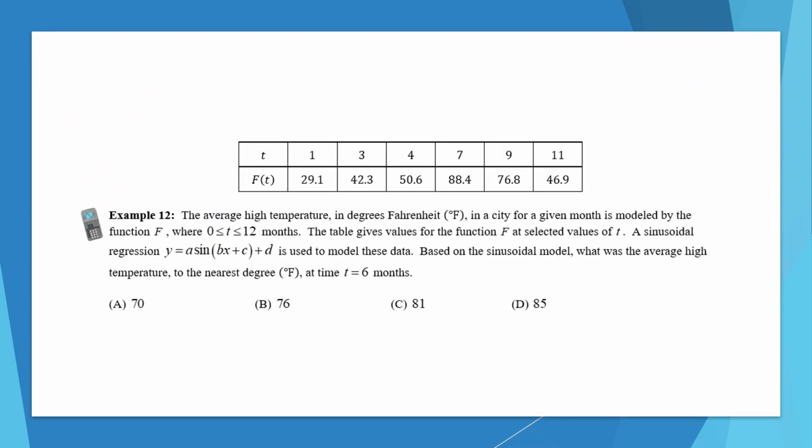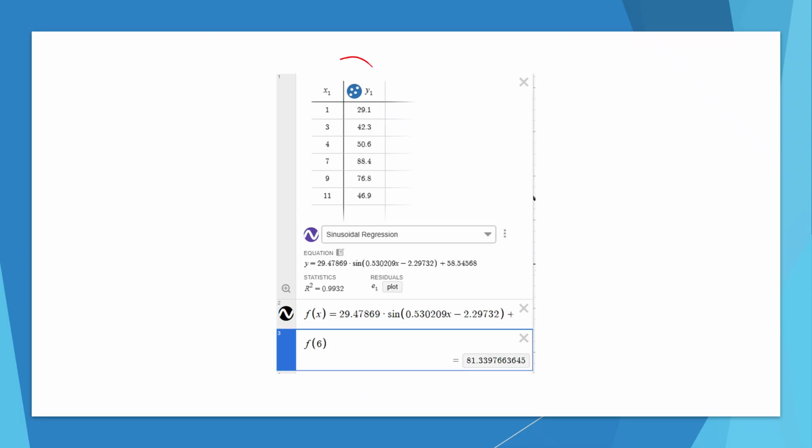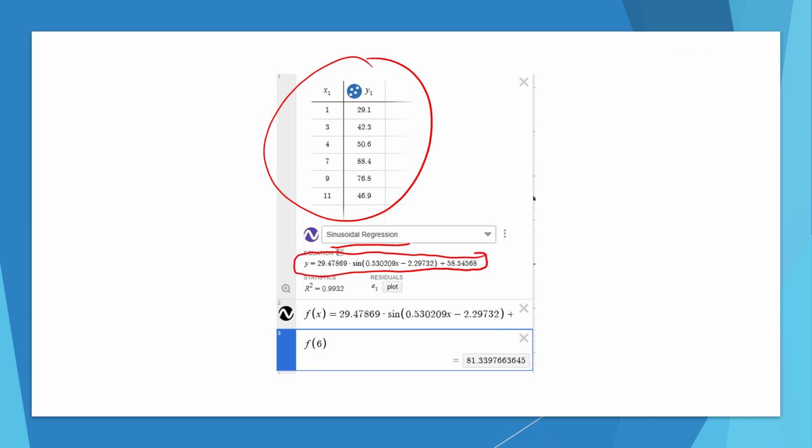All right, so example number 12, we're given a bunch of temperatures, and then we want to find, with a sinusoidal model, what was the average temperature at time t equals 6. So looking at this, we're going to plug in the table in Desmos, like so, pick sinusoidal regression, then I copy and paste this regression into the next row.